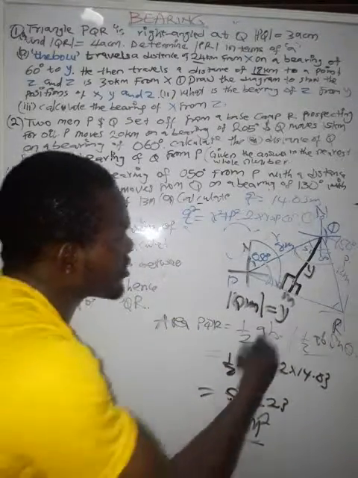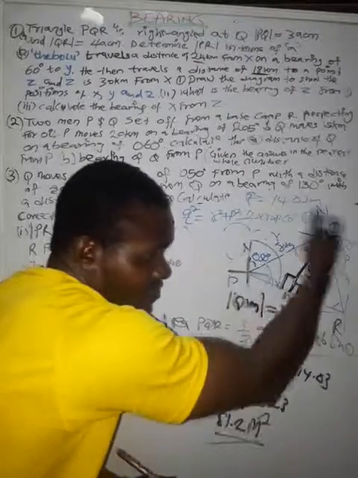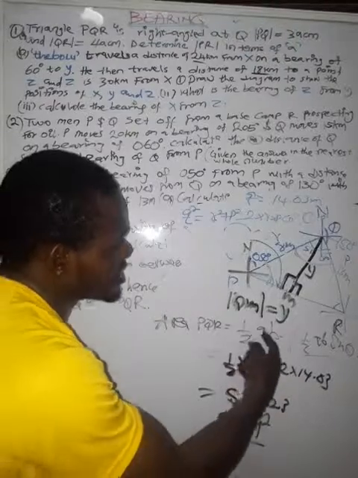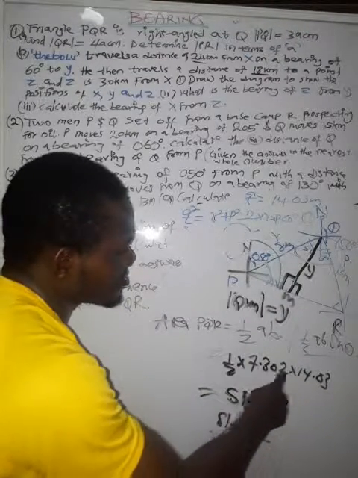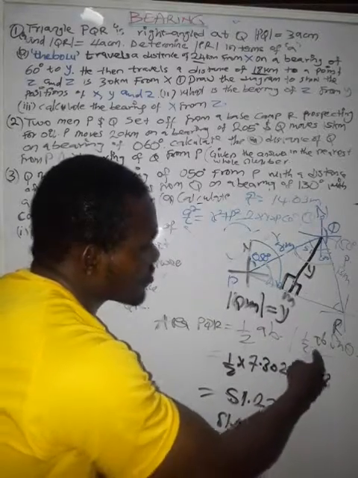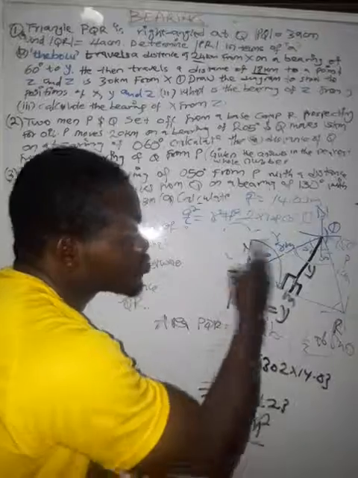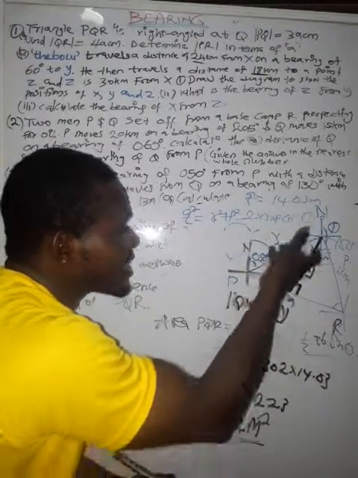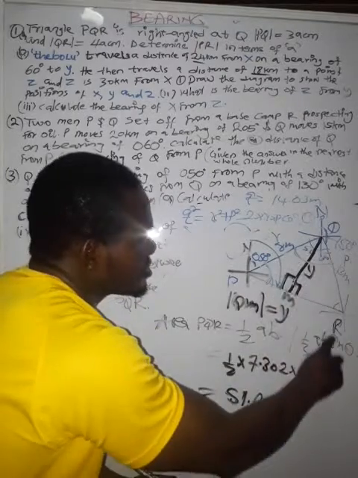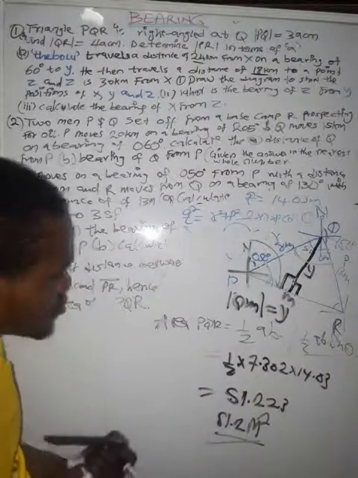We already know the height, and this is the base length. So you have 1/2 the height, which is y, multiplied by the base length. Or when you are using sine, these two sides AB are the two sides and the angle between them. So half this times this times sine of this angle. That is how to solve it.